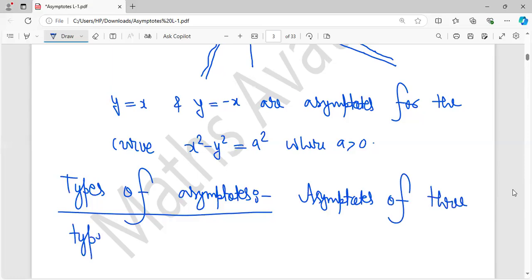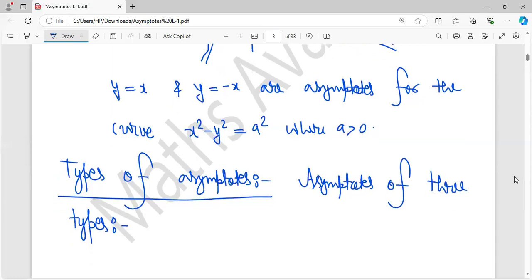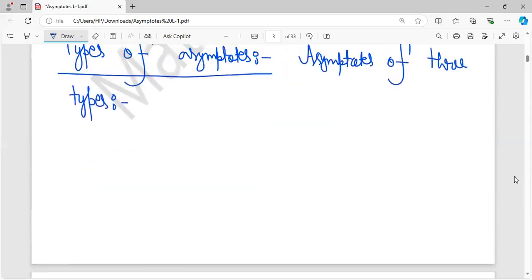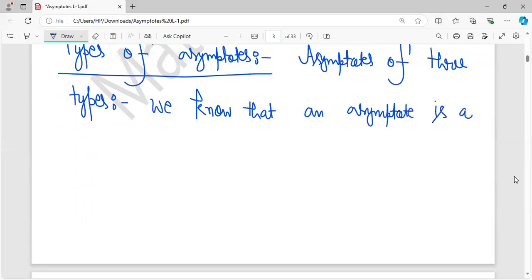So we know that an asymptote is a straight line, y is equal to mx plus c. The equation of a line is given by this. Okay.